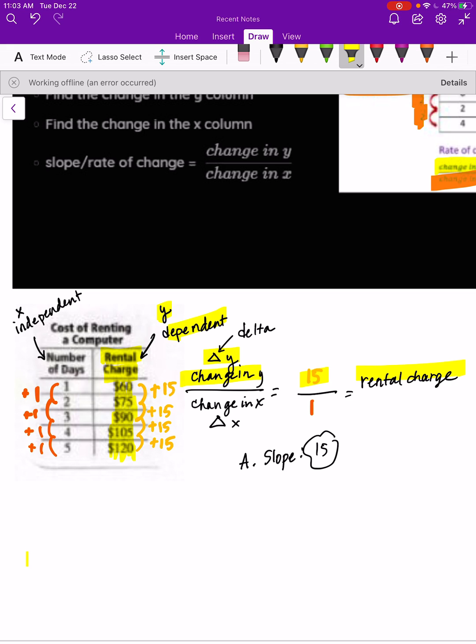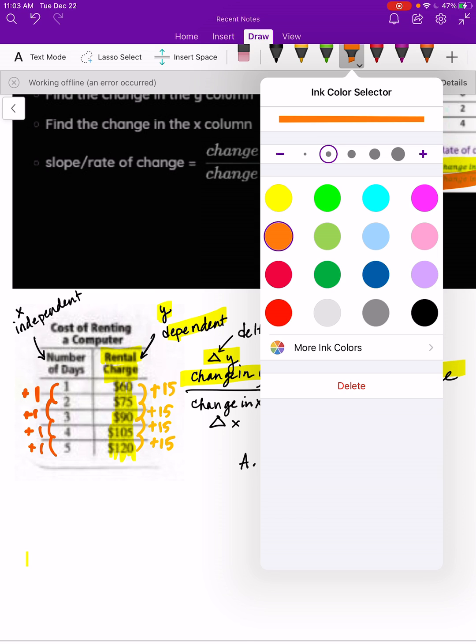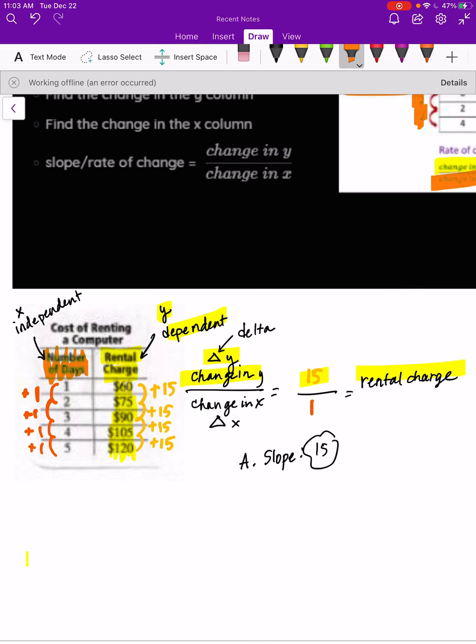And then over here, we can look at the number of days, and the number of days was your x. And so that's going to be your change in x, and I'll just put it here. So this is your number of days.